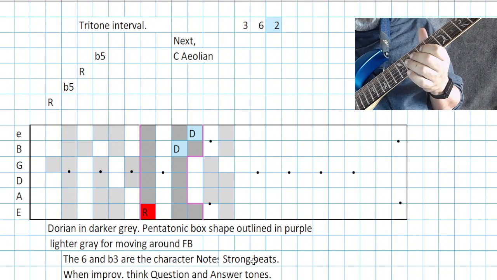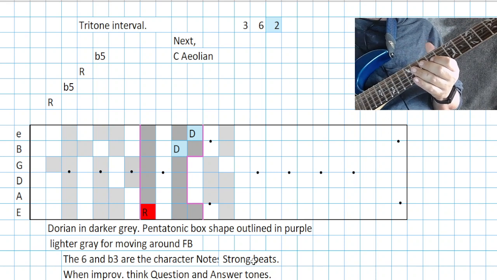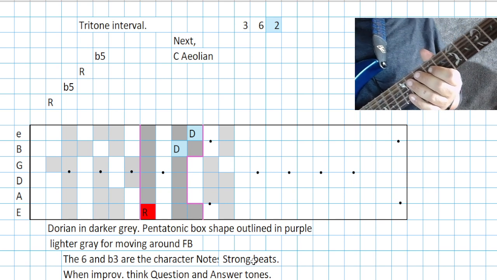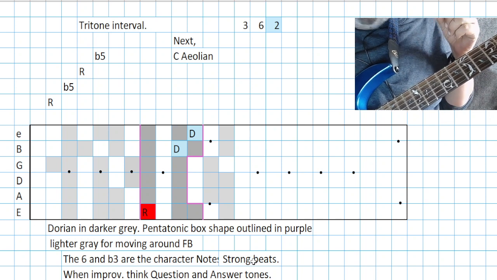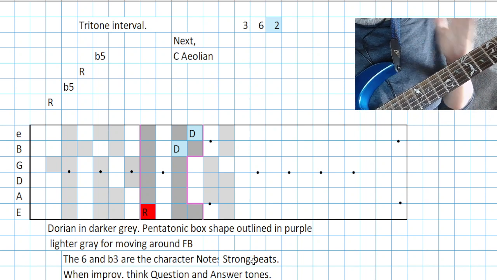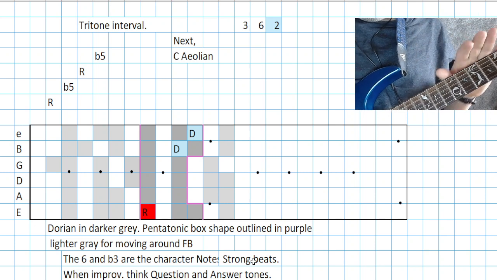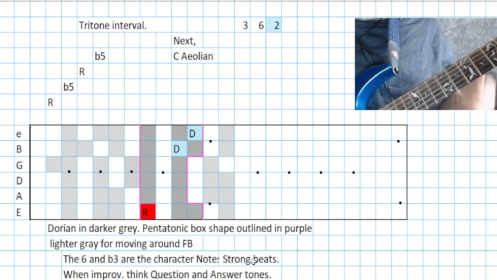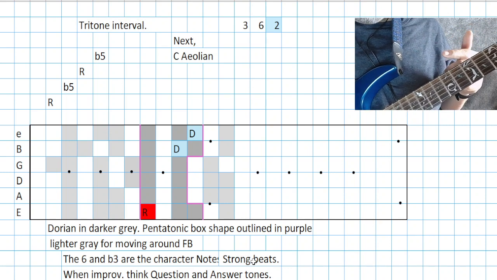in your considering of notes to land on for improv, because one thing I've heard when it comes to jazz improv, and I guess this would be in the most extremely loose form of jazz, is that as long as you can really put the threes and sevens on the strong beats, meaning basically one and three and maybe two and four, I don't know enough to say otherwise, but for sure one and three, then you can almost play almost anything in between.